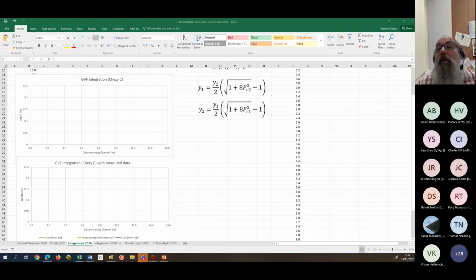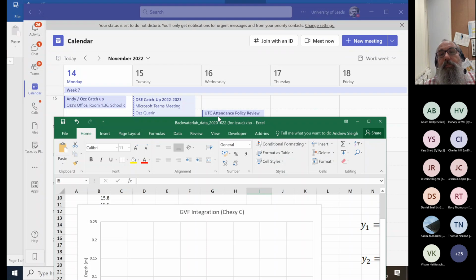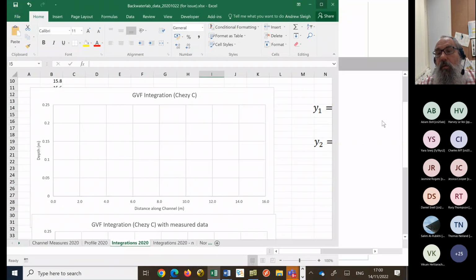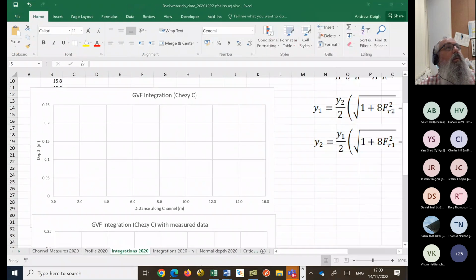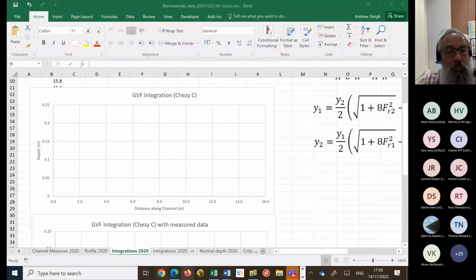I need to change my screen, so I'm going to stop sharing a second and then share a screen again. So I've just got it on my right screen.